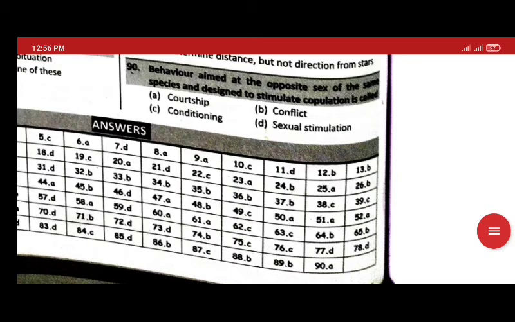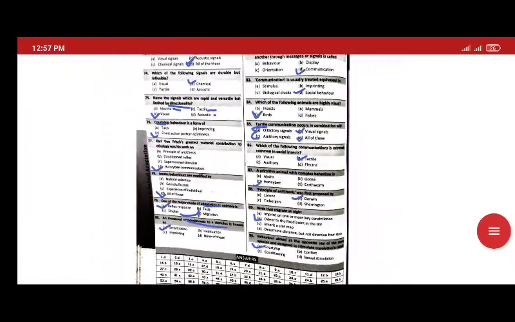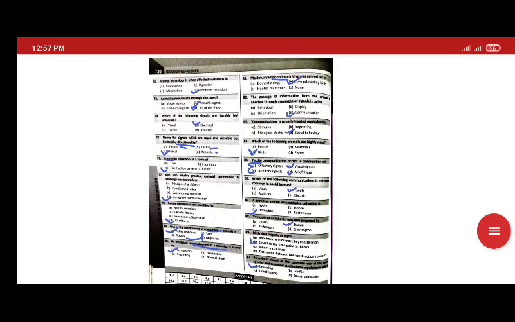Now our last number, behavior aimed at the opposite sex of the same species and designed to stimulate copulation is called. So this is called what, courtship, meaning sexual contact, meaning need of sex. So the need for sex is a basic need, and the need of the body is for sex contact.